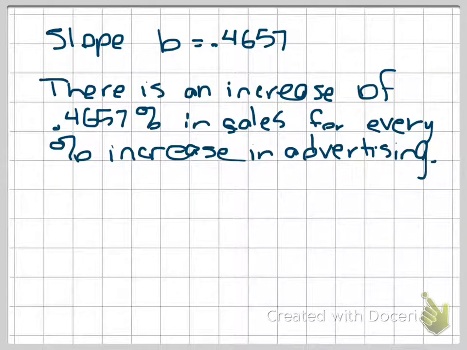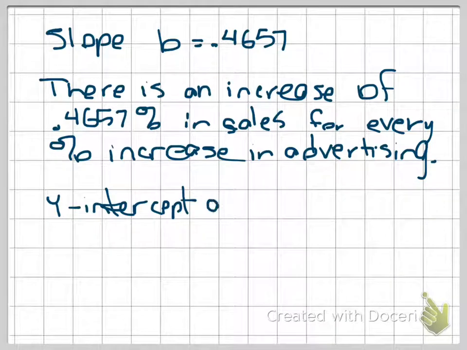We also have our y-intercept. Our y-intercept lets us know a little bit about what's happening at the start. In the last slide, the y-intercept was A, right? And A was equal to 2.1542. And that tells us kind of our starting point.